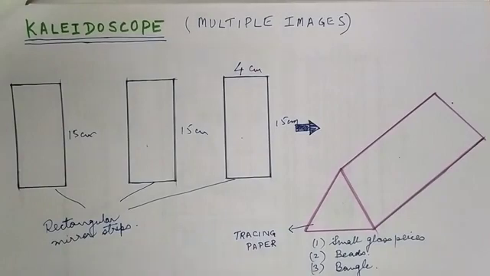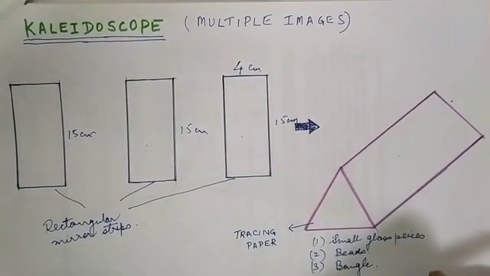The kaleidoscope is used for many things, for example it is used in fabric industries for printing various designs and patterns on clothes. At times these patterns are also used for designing the backstage.